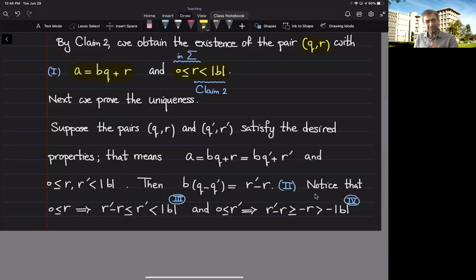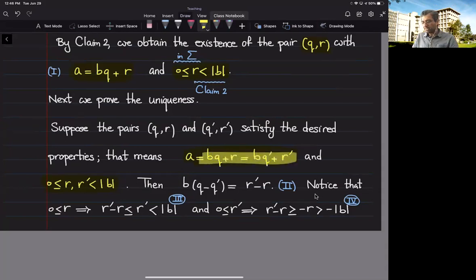Okay, what does that mean, that with these properties? It means A is BQ plus R and BQ prime plus R prime. Moreover, both R and R prime are supposed to be remainders, which means they are non-negative integers and strictly less than absolute value of B. Now, from here, I can take the terms that have B in them on one side and remainders to the other side.